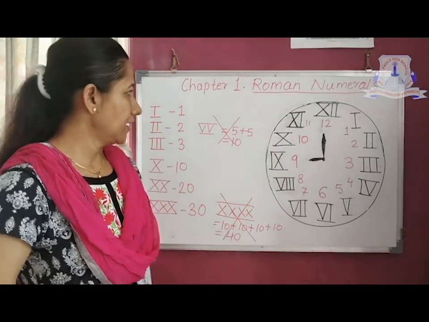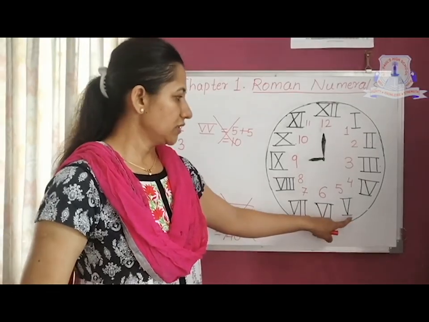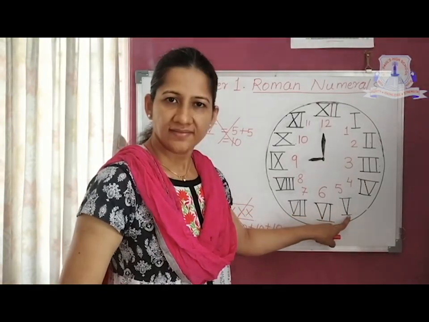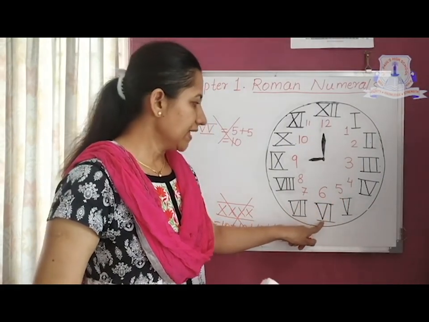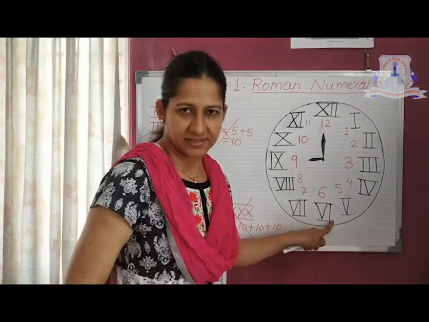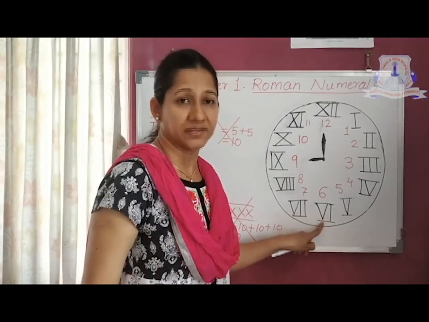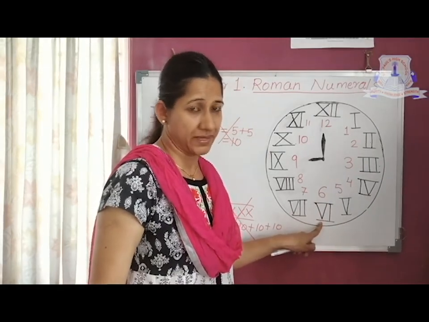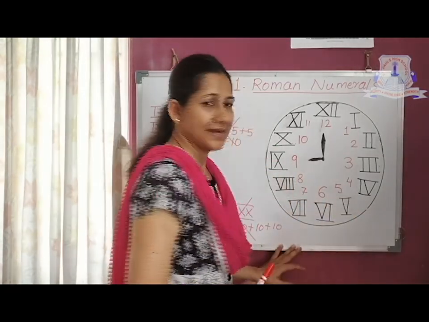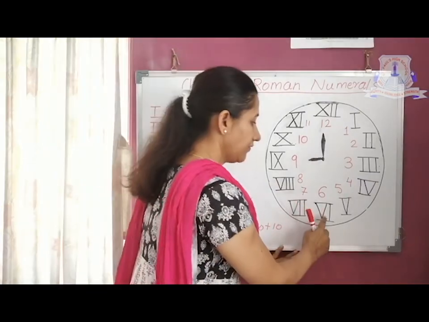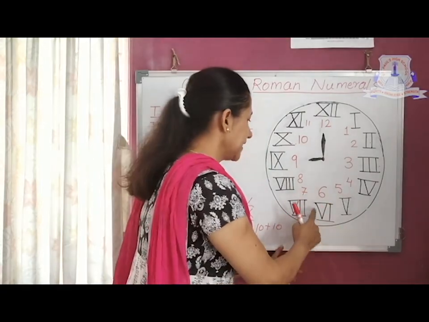For example, I will tell you regarding number 6. We are all aware that V is used to represent number 5. But if letter I, which represents 1, is written on the right hand side of this bigger number V, that is 5, then it is added to the bigger number.